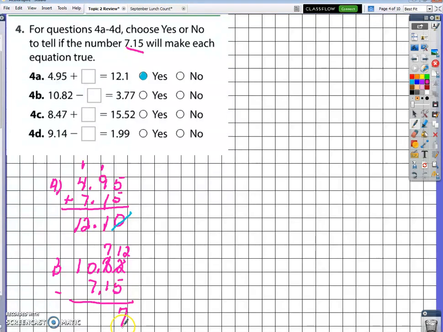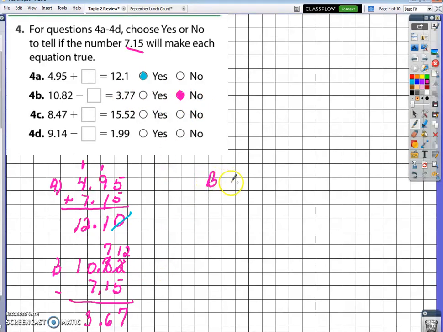And right away I can look at this and say, well, there's a 7 here and a 7 here. Let's keep going. 7 minus 1 is 6, decimal. And 10 minus 7 is 3. I get 3 and 67/100. This is 3 and 77/100, so that is definitely a no. They do not equal the same.